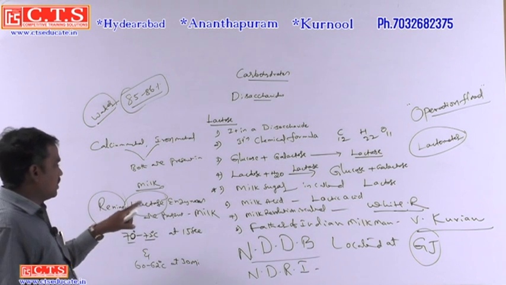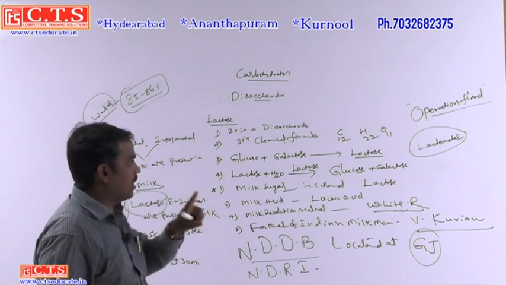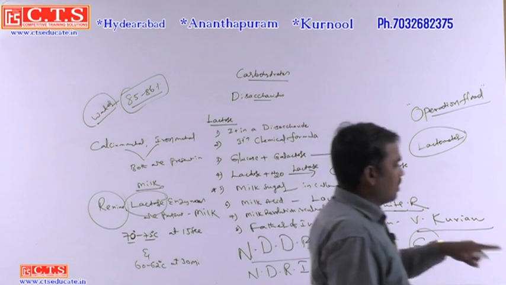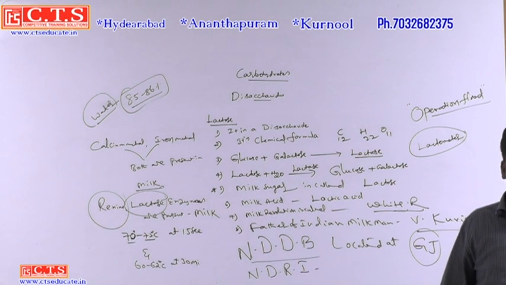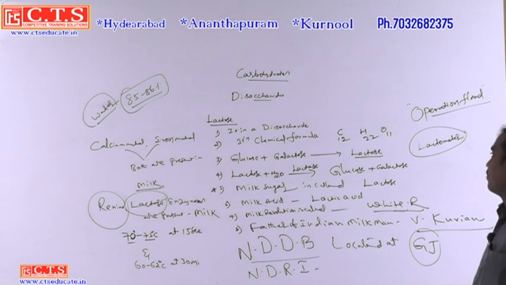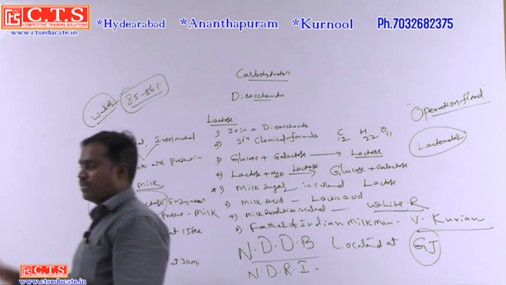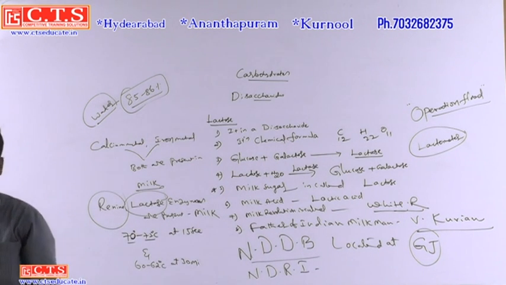Renin, lactase enzymes are present in milk. Purification of milk is measured by lactometer. Purification of milk method is called pasteurization. Pasteurization method was invented by Louis Pasteur. Milk operation is called operation flood. These are total information about lactose.